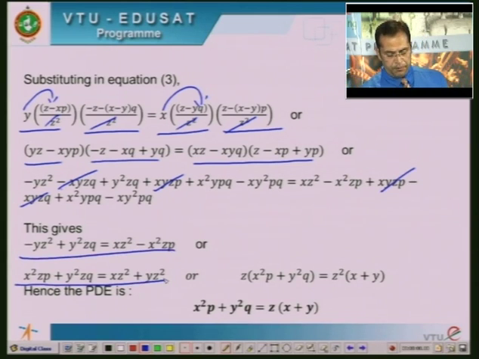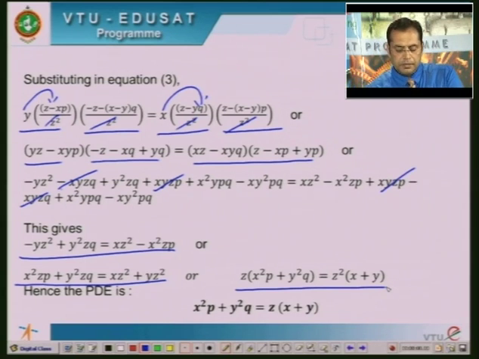Or finally, z into (x square plus p), x square into p plus y square q equal to z square into (x plus y). Again cancelling z on both sides, so you get x square p plus y square q equal to x plus y, which is the required PDE.